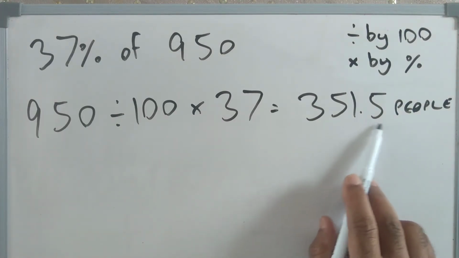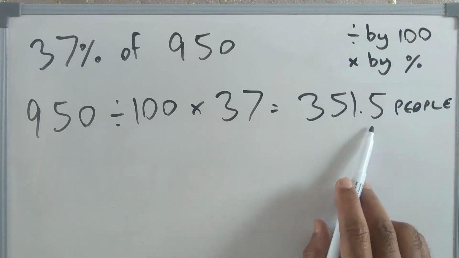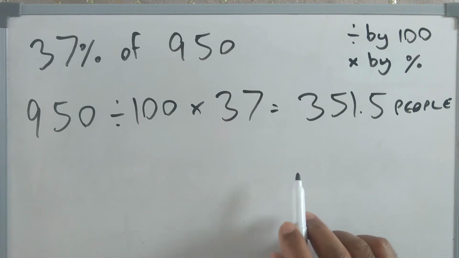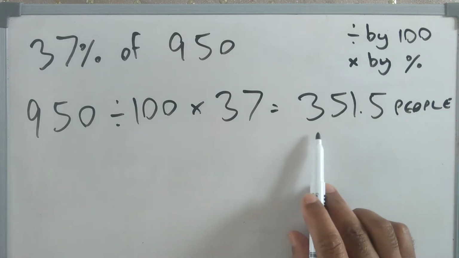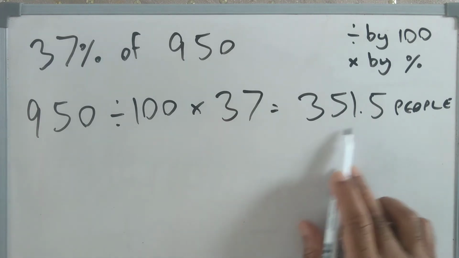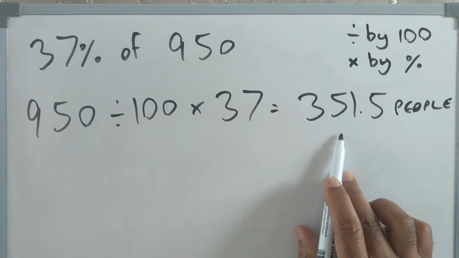So obviously we can't have 0.5 of a person, so we can either round this up or we can round this down. It will actually depend on what the question is dealing with, but in some circumstances you might round that up to 352, or sometimes you might round it down to 351.